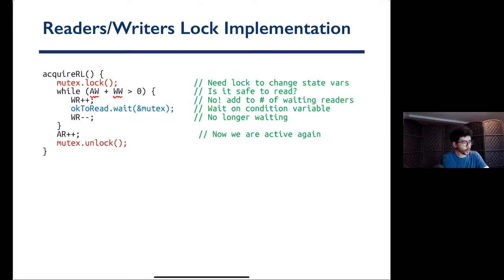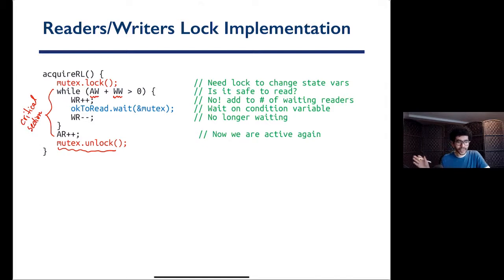So just note that this mutex, we're just using it for our critical section. This is not a critical section for the database. This is a critical section for us who are implementing acquire read, acquire write, and stuff like that. So that's where we're using this mutex.